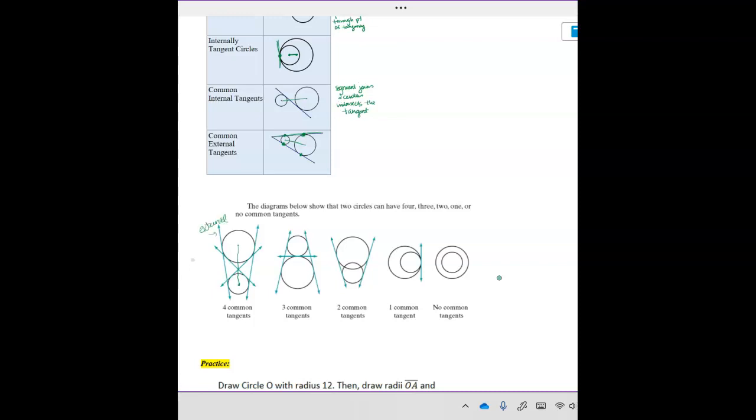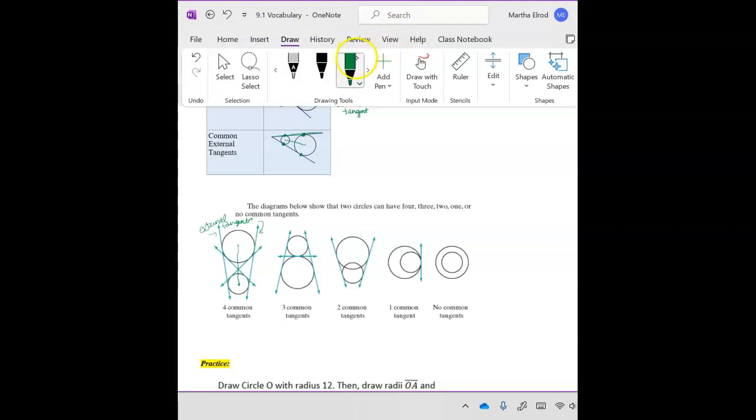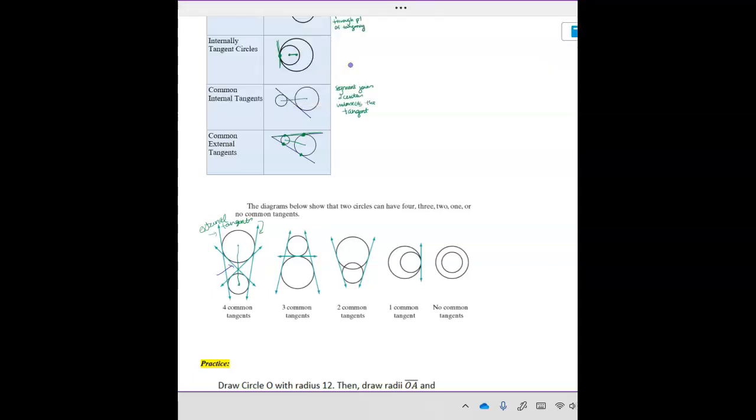So those are external tangents on this outside. And then here on the inside, we've got an internal tangent, and this is going to be an internal tangent.